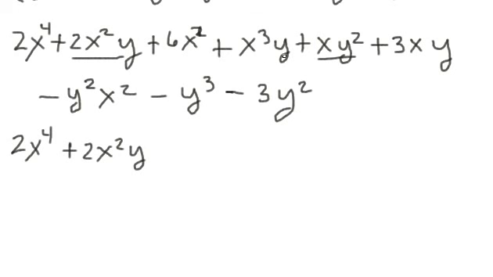X cubed y, there's not anything on that either. Xy squared, no. 3xy. Okay, this thing doesn't look like it can condense down at all. So I'm not even going to bother to rewrite it. It reads from left to right, and it does not condense down. So there you go.